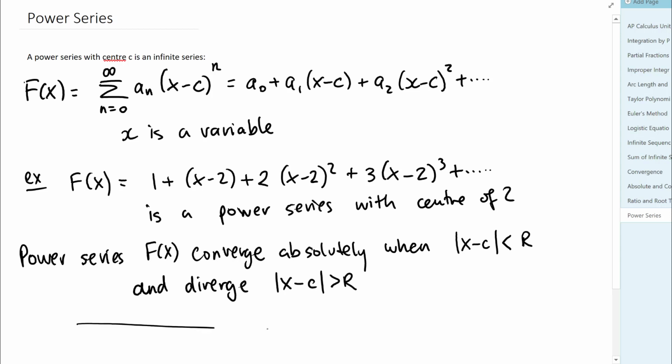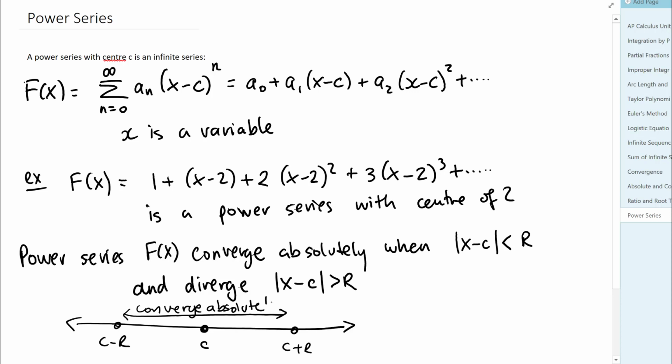So if you imagine we've got a center point on our number line c, if you go to c plus r or c minus r, there is a zone where they will converge absolutely, and there are other zones where they diverge. It's all about the center.